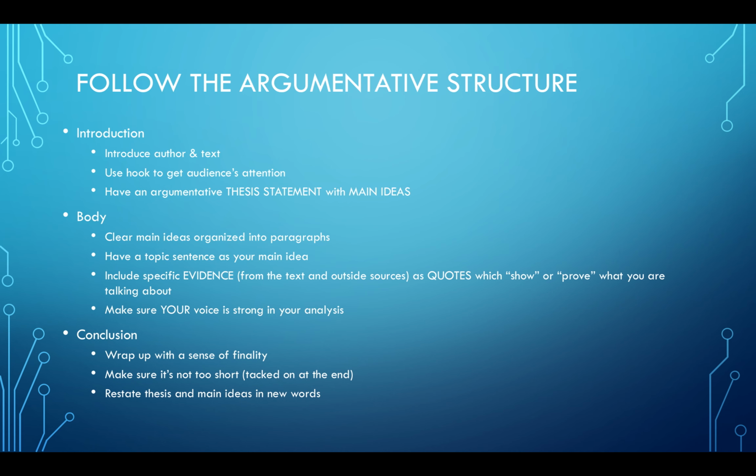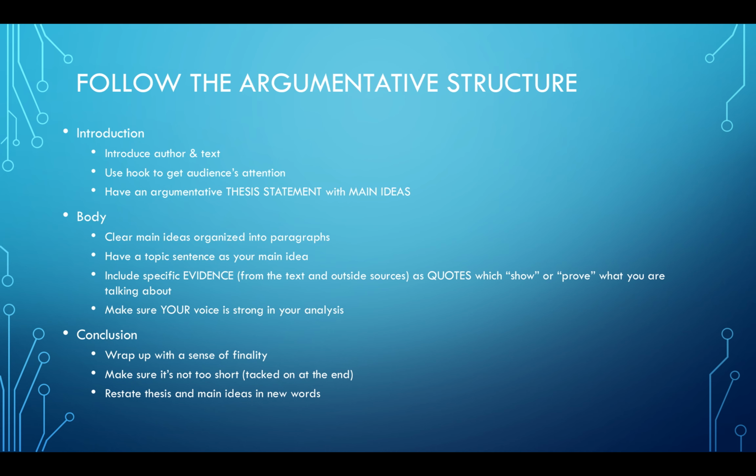So you want to make sure that you follow the argumentative structure. And again, this might be pretty rote and mechanical for you, but you do need to have an introduction, which introduces the author and the text. You need to use a hook to get the audience's attention. You need to have an argumentative thesis statement with main ideas. In the body, you need to have clear main ideas organized into paragraphs.